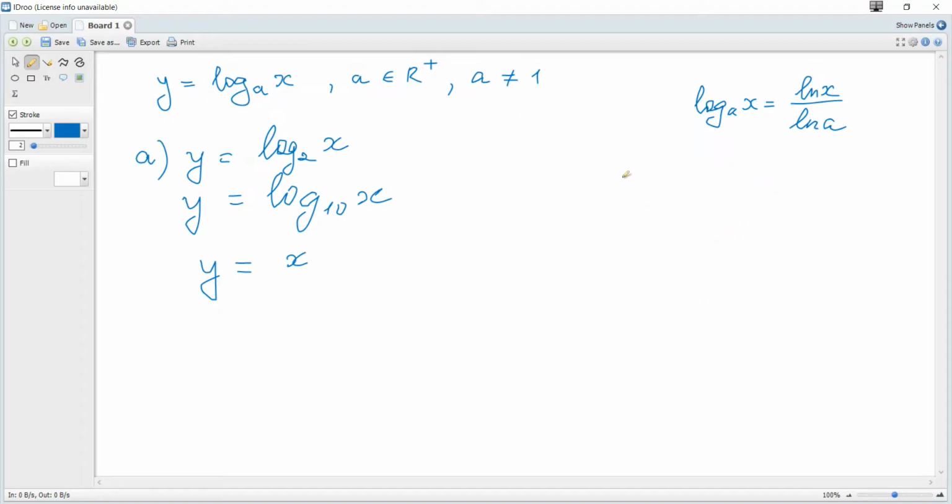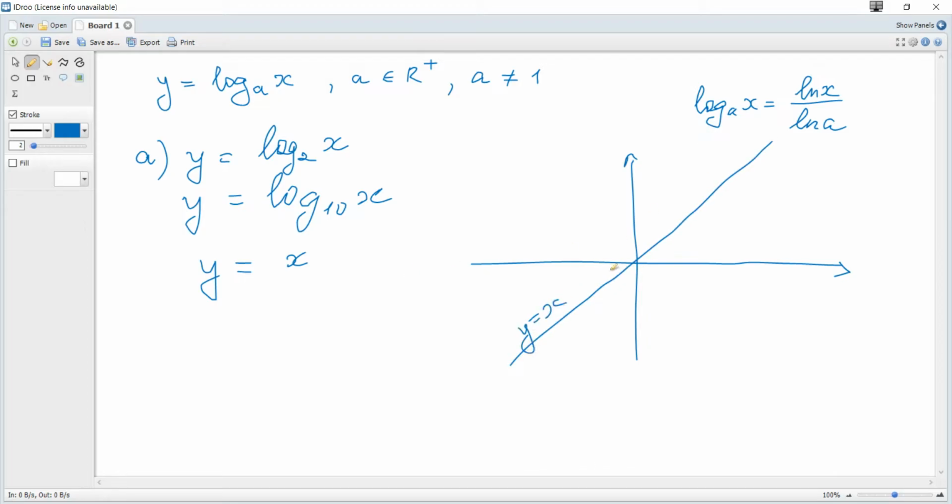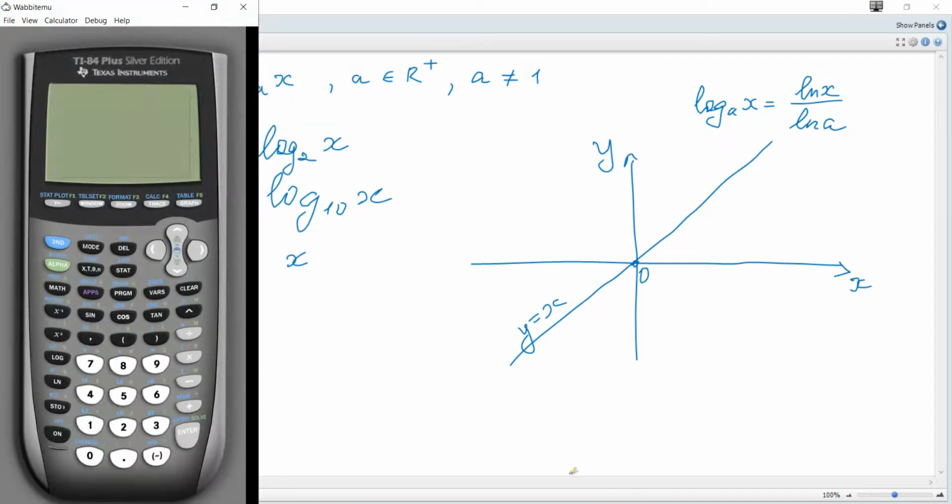So let's use a calculator and plot the required graph. So y is x, it's a line at 45 degrees. y is x passes through (0, 0). Actually, I don't want to waste time.